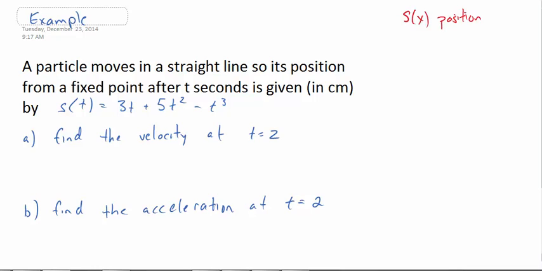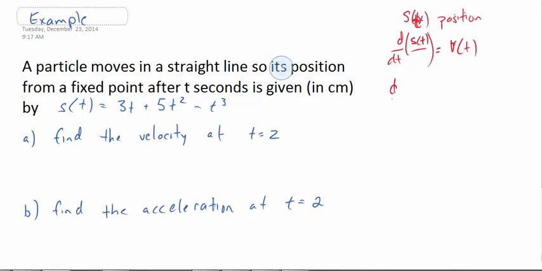And if we differentiate this with respect to time, I guess we can call this S of t, we get distance divided by time. What we get is the velocity function. The rate of change for position is velocity.